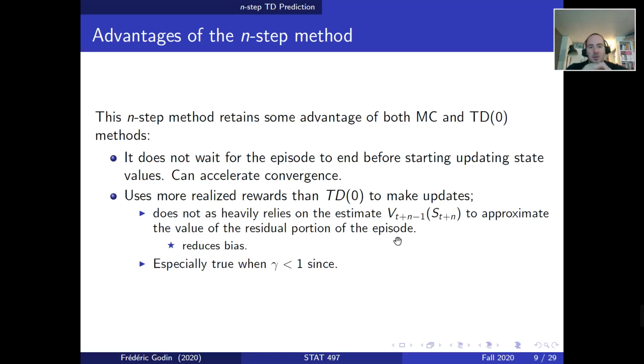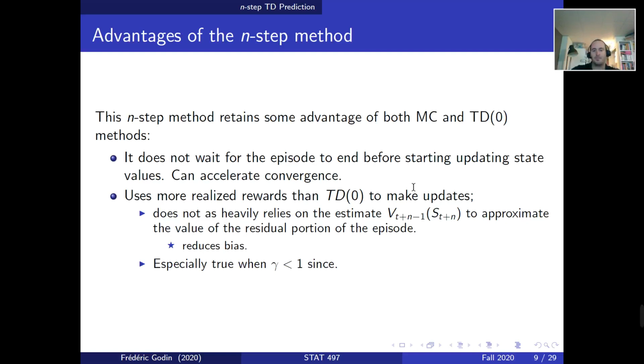Okay, so because we don't have to wait for the end of the episode for making updates, this can tremendously accelerate convergence in practice. The other advantage is that we use more rewards than TD0 to make updates.